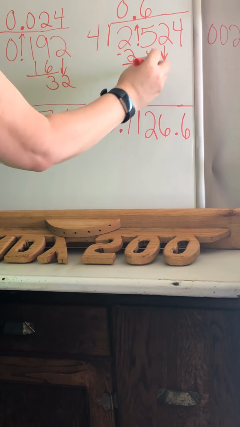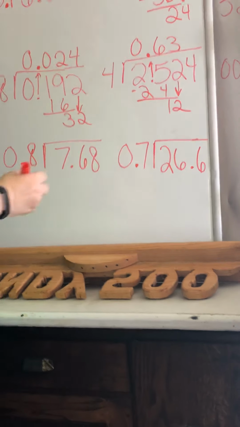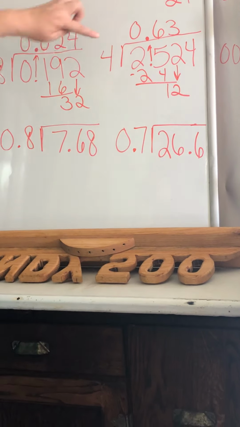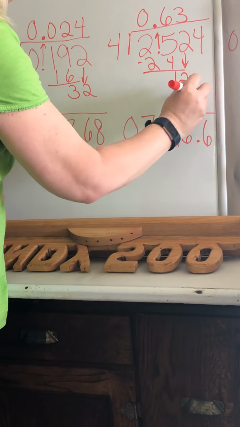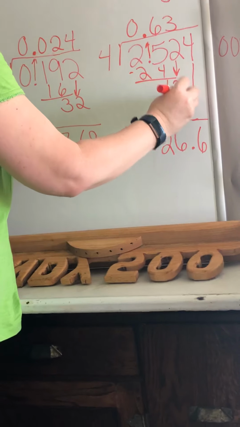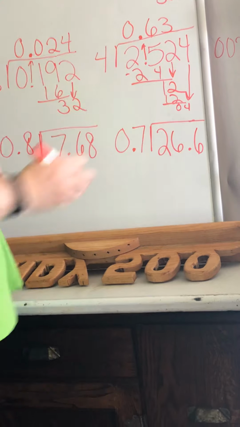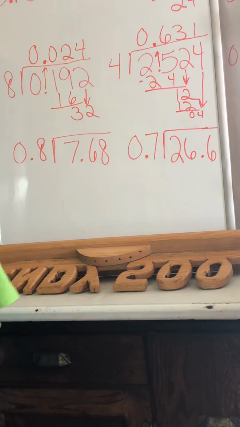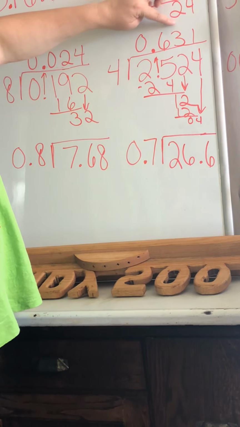Bring down the 2. 4 goes into 12 3 times. 4 times 3 is 12. Nothing left over. But you've got this 4 you still got to bring down. Don't forget those extra numbers. 4 goes into 4 1 time. So your answer is 0.631.